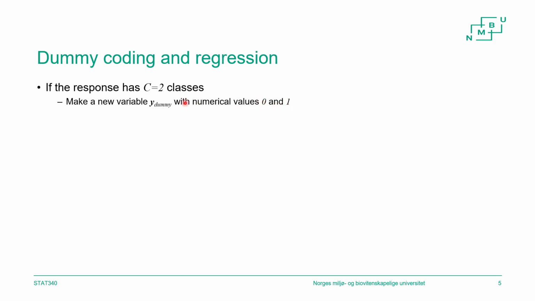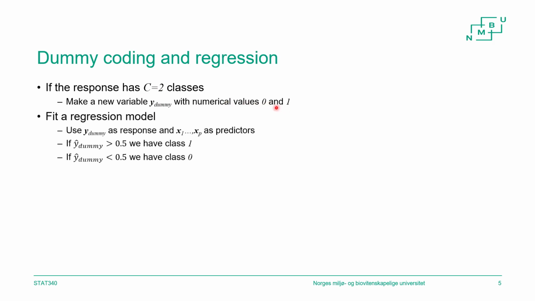The point is that you replace the categorical original y variable, or you don't replace it, but you add another variable which is similar to it, but it is numerical instead. And then you fit the regression model using this one as the response instead of the original one.